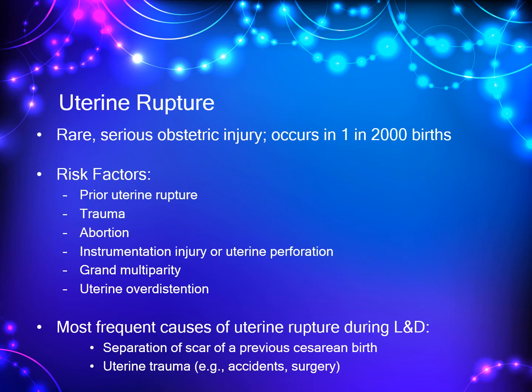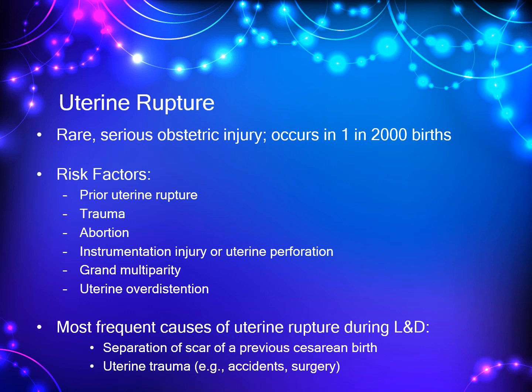Uterine rupture. A uterine rupture is a rare but serious injury, of course. It's the symptomatic disruption and separation of the layers of the uterus or a previous scar.